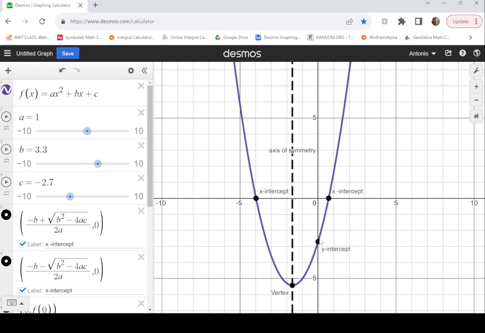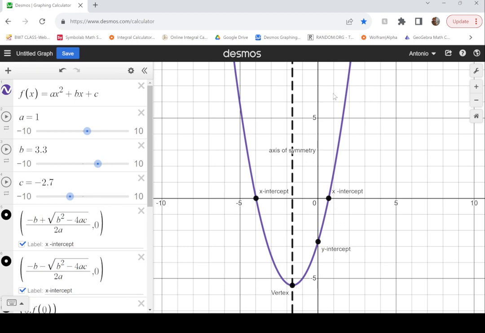The y-intercept is where it crosses the y-axis, or where the x value is equal to 0. Another point of interest is called the vertex. As you notice in this case, it's a minimum point. You can think of it as decreasing, reaching its minimum, and then going back to increasing.